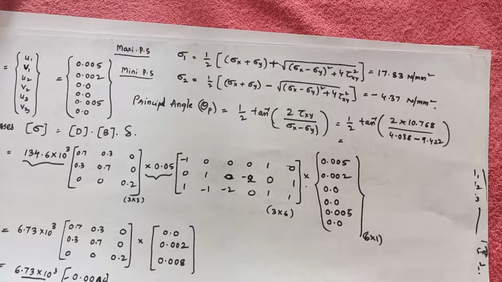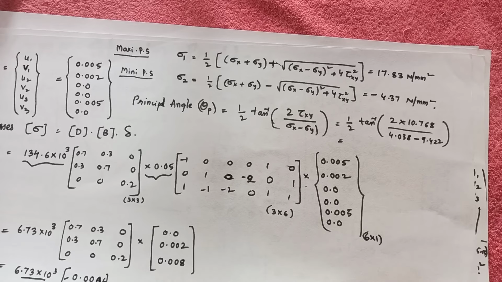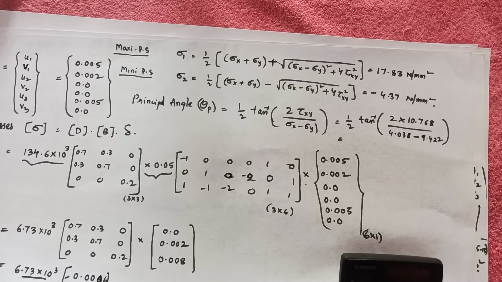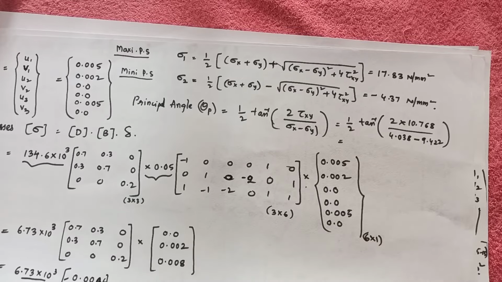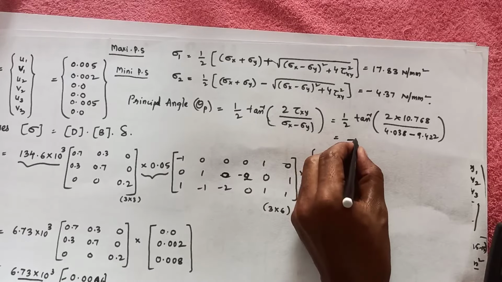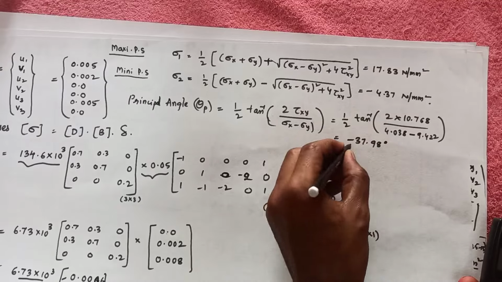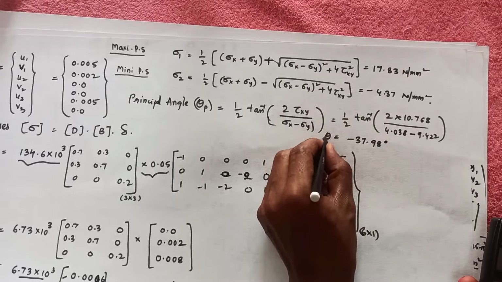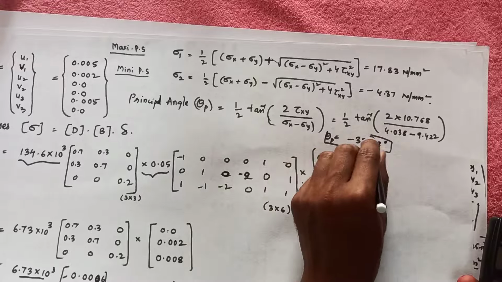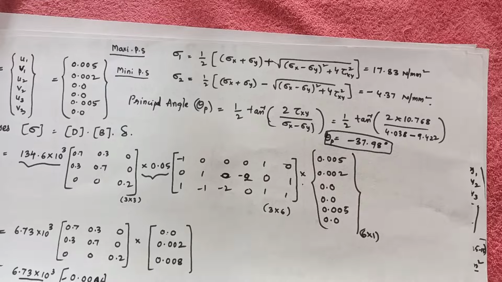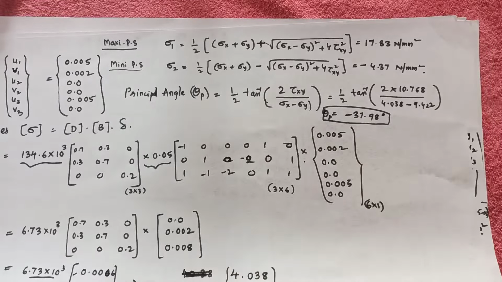So minus 4 we get, so tan inverse of minus 4, we get minus 75, divided by 2. So we got minus 37.98. This is in degrees. So this is the angle, the principal angle we used to say. Okay, so this is the solution for the given problem. Hope it is helpful for you. Thank you for watching.